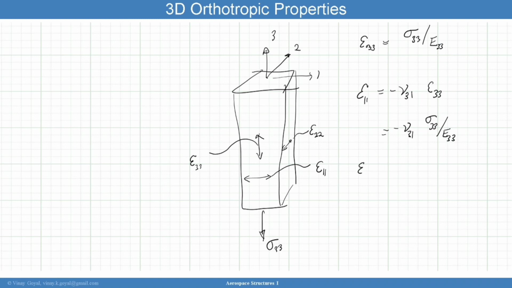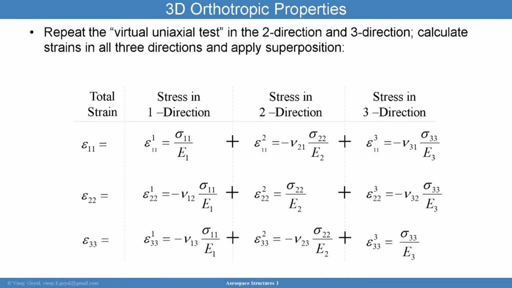I can then do the same thing for epsilon 22, which is going to be a fraction of epsilon 33. So minus nu, loading applied in the 3rd direction, measured in the 2nd direction, and I get this.